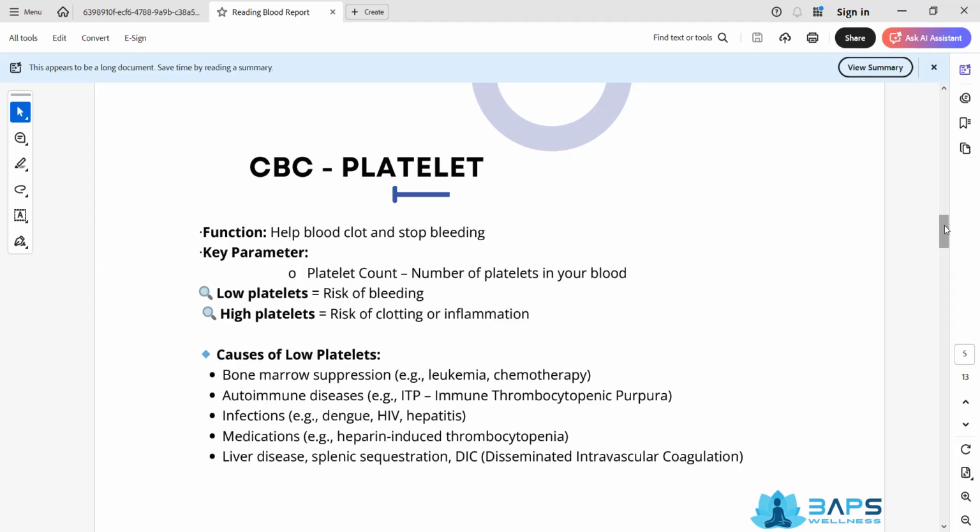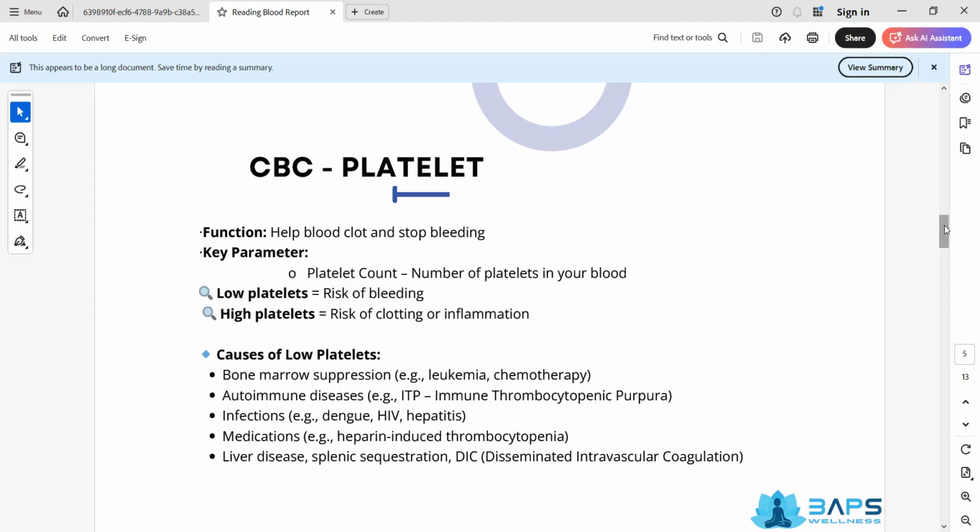if low platelets are there, then the risk of bleeding, even small bruises inside, will be there, especially for those who have ulcers, they are more prone to internal bleeding.